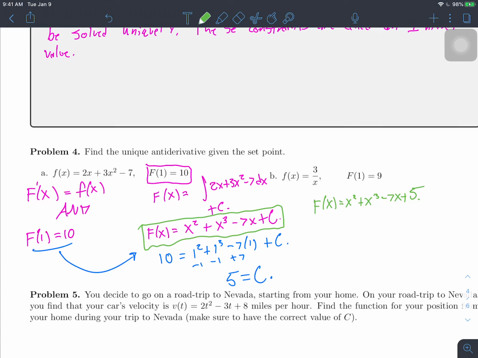It's the function x squared plus x cubed minus 7x plus 5, and there's only one. Okay, if I write a c there, well, since c could be really any number, then I'm really talking about a whole collection of functions. Okay, so that's how I solve this uniquely.